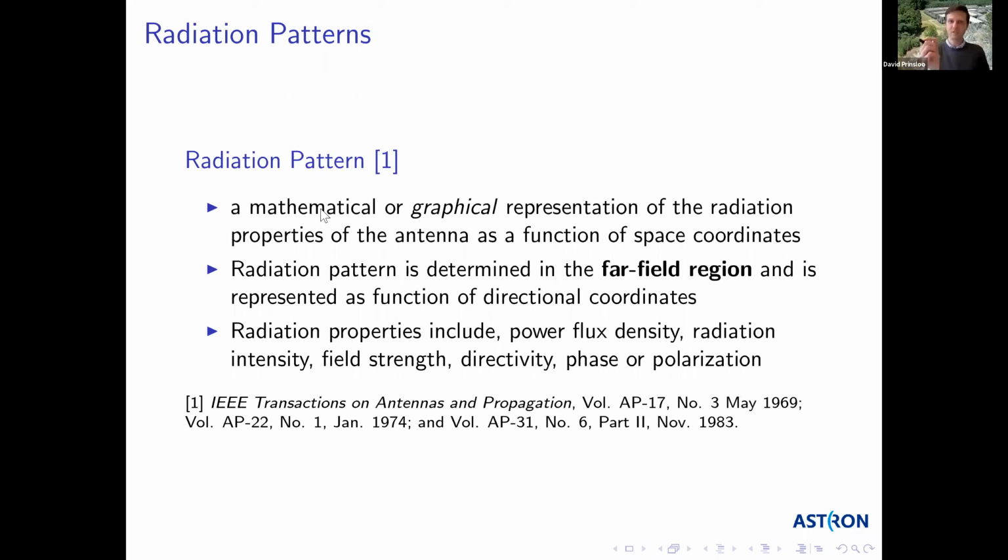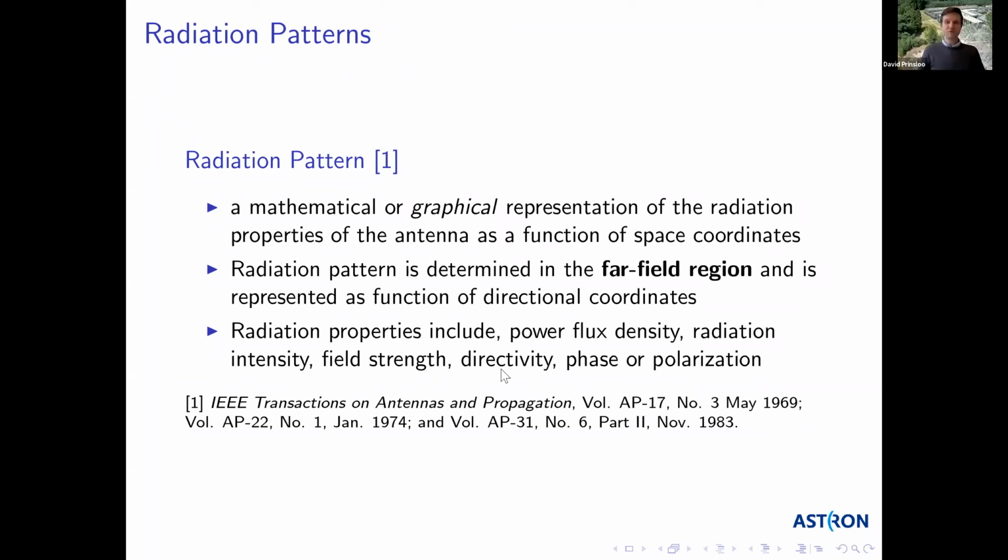So this implies that there's no radial component, or we assume it to be negligible. And we can describe it in terms of the directional coordinates, which is either theta and phi. And the properties that we can plot are power flux density, radiation intensity, field strength, directivity, phase, or polarization. The quantities that we'll be looking at in a short while are radiation intensity, field strength, and directivity especially.